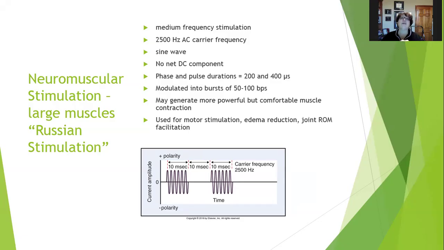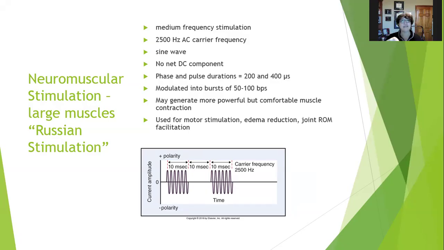The phase and pulse durations are between 200 and 400 microseconds, which will stimulate a motor nerve. That's our motor nerve range. And modulated bursts of 50 to 100 beats per second, which is the same as pulses per second or cycles per second. And so that's our frequency sufficient to form a tetanic muscle contraction.